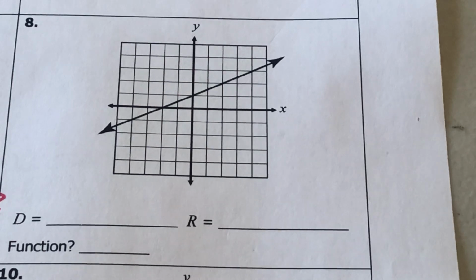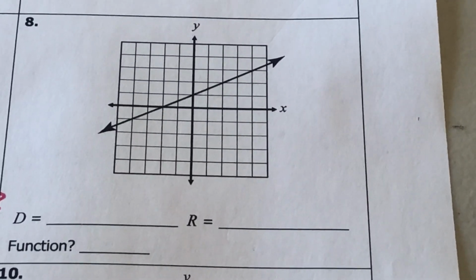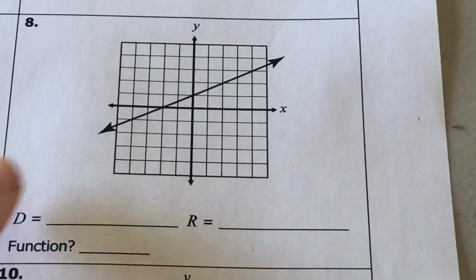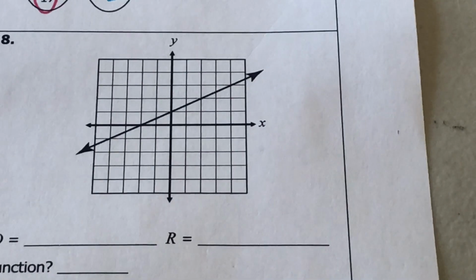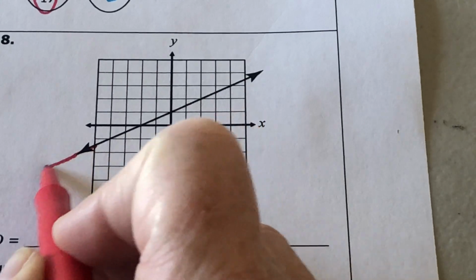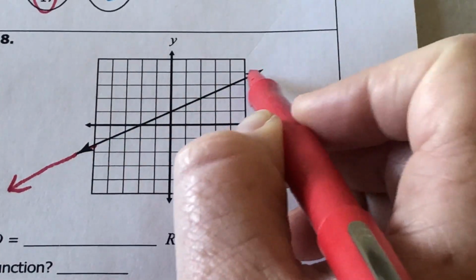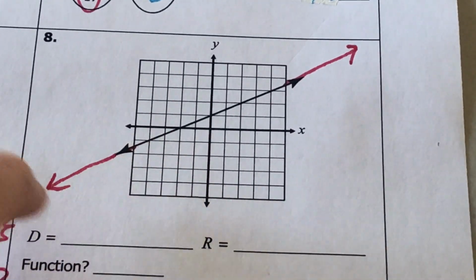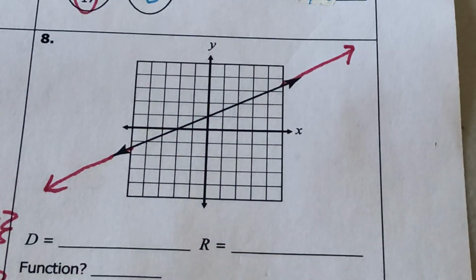All right, cool. Next, so we have a line. All right, so the domain, we've got to think about what these arrows mean. So that really means the graph is going to go on forever. Okay, or it'd be going all the way to -infinity and all the way to infinity.